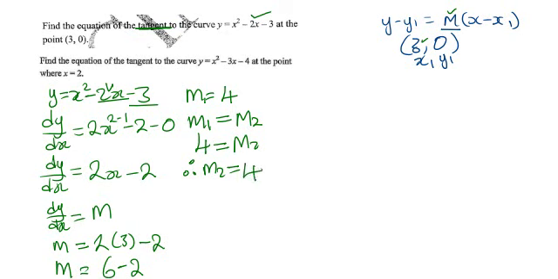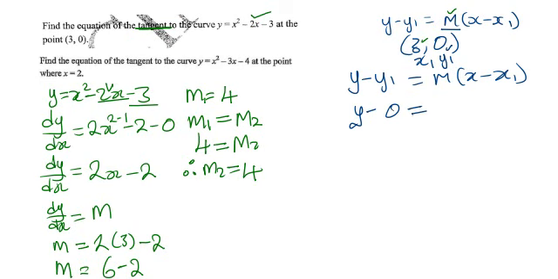And then when we come to y minus y1 equals m open bracket x minus x1, now we have everything that we need. Our gradient we have, and our point we have. So we say y minus y1, it is 0, so you put a 0 there, equal to our m, it is 4, so you write a 4 there, and then our x1, it is 3, so minus 3 there.